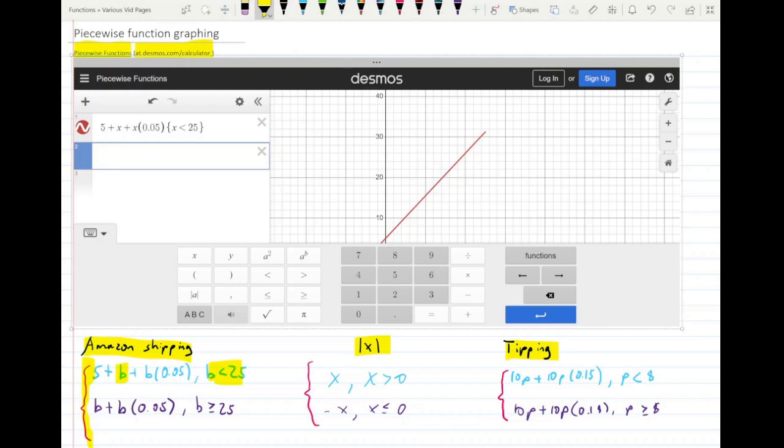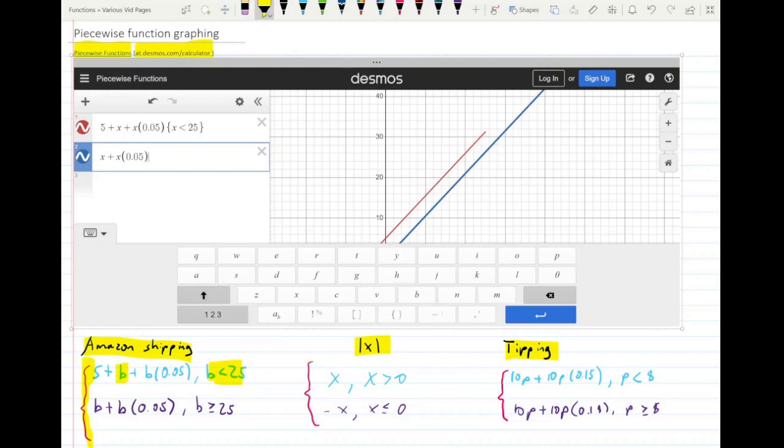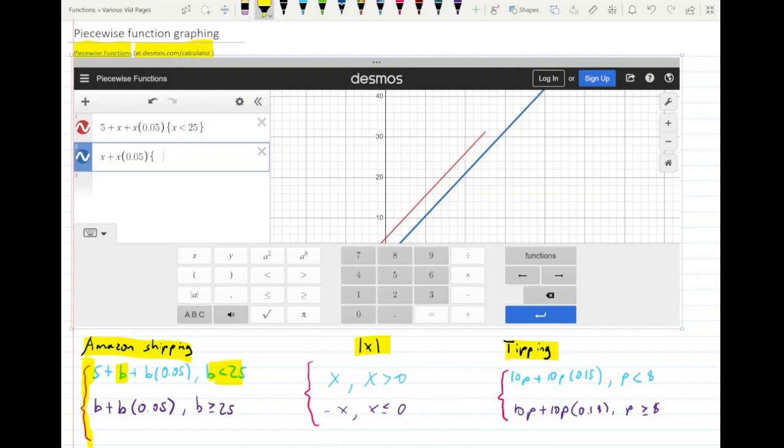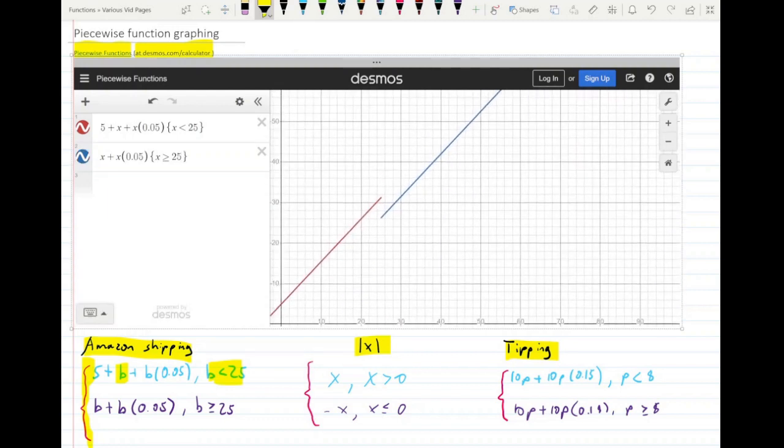So in the second line, we're going to put the second equation, which in terms of using x instead of b, will be x plus x times 0.05 under the restriction, which we indicate in Desmos using brackets, that x is at least 25. And that right there gives us the other segment of our piecewise function that goes from x equals 25 and onward to the right.